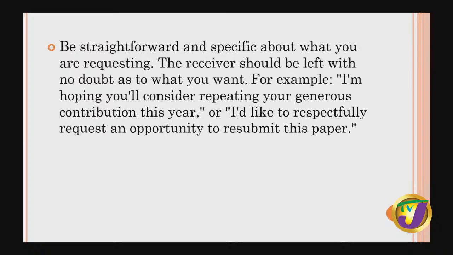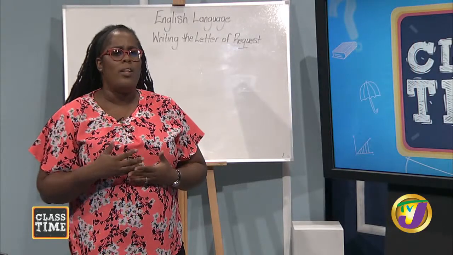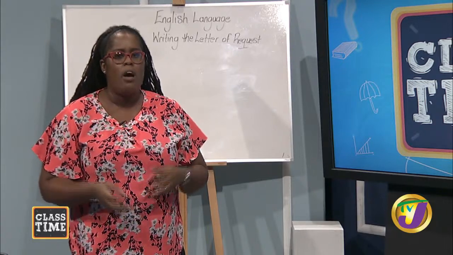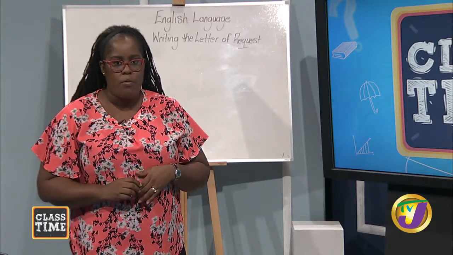For example, I'm hoping you'll consider repeating your generous contribution this year. Or, I'd like to respectfully request an opportunity to resubmit this paper, right? So, at the end of it, what they're saying here is that the reader or recipient should not be guessing what it is that you want. You want something in particular, ask for that thing, right?